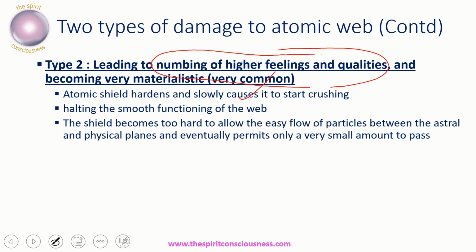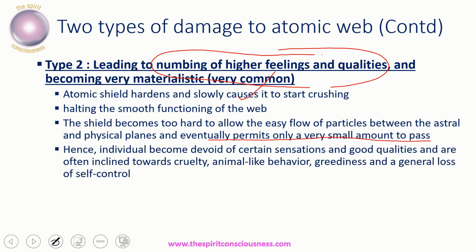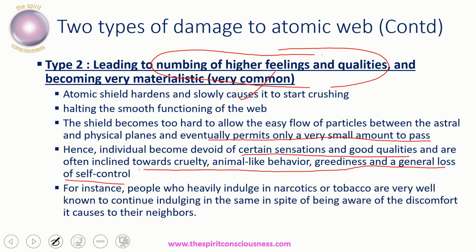The shield becomes too hard to allow the easy flow of particles between the astral and physical planes and eventually permits only a very small amount to pass. Hence, the individual becomes devoid of certain sensations and good qualities and is often inclined towards cruelty, animal-like behavior, greediness, and a general loss of self-control.